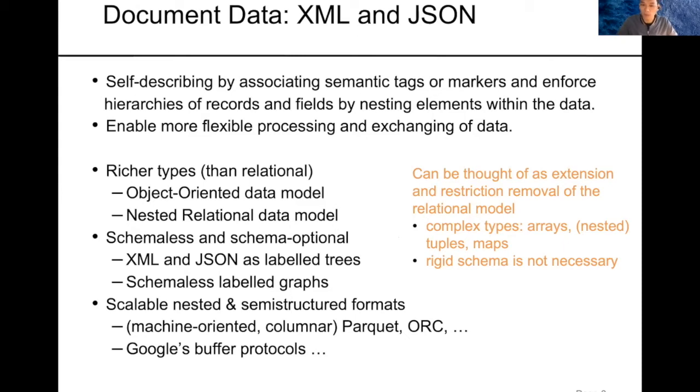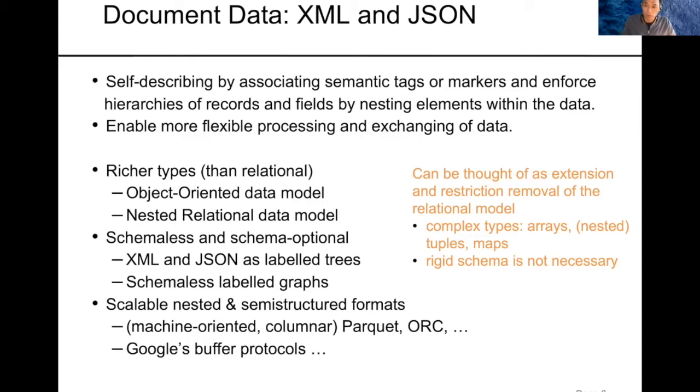Compared to the traditional data model, they have rich types. They could be schemaless or schema optional. For example, XML and JSON can be viewed as a graph if you consider ID and ID reference.